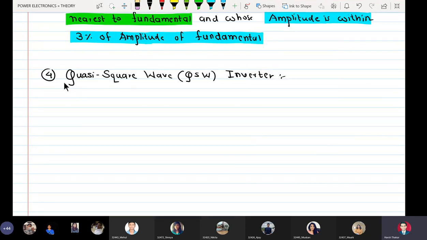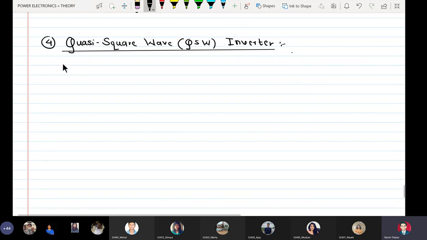So how do we get the name square wave inverter? Because the output of that inverter is a square wave. So an inverter gets the name square wave inverter because the nature of load voltage waveform is a square wave.